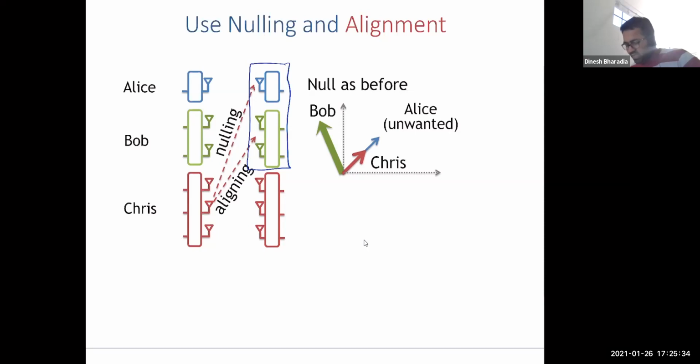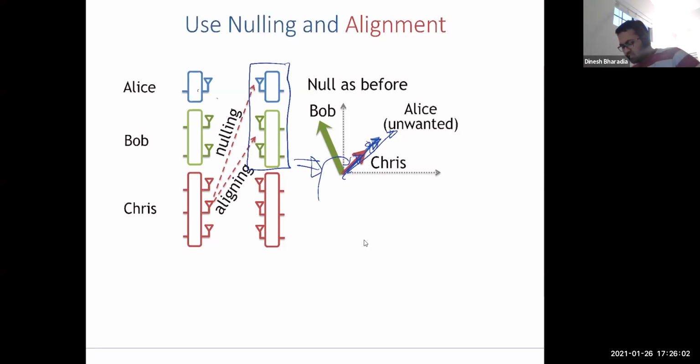Now, in this case, what can we do? At Bob's level, we can align Alice and Chris's signal. Note, Alice's signal can come anywhere, and you ask Chris to rotate his signal so that he aligns with Alice's signal. I will go over the math of it.